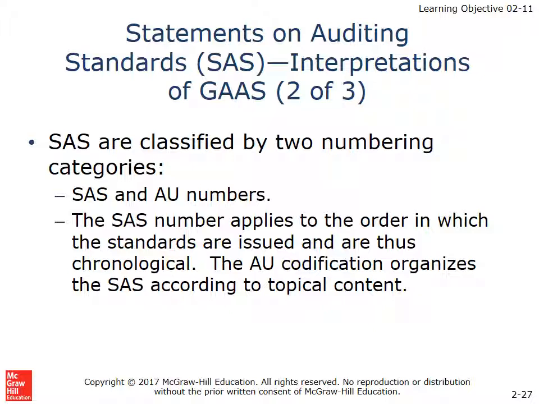They organize those SASs according to topical content, which is probably easier for research purposes because everything about one subject area is in that area. Where the chronological listing is, you need to know when a particular item passed in order to be able to access it. So these standards are out there for people to read, and they're in two different versions.